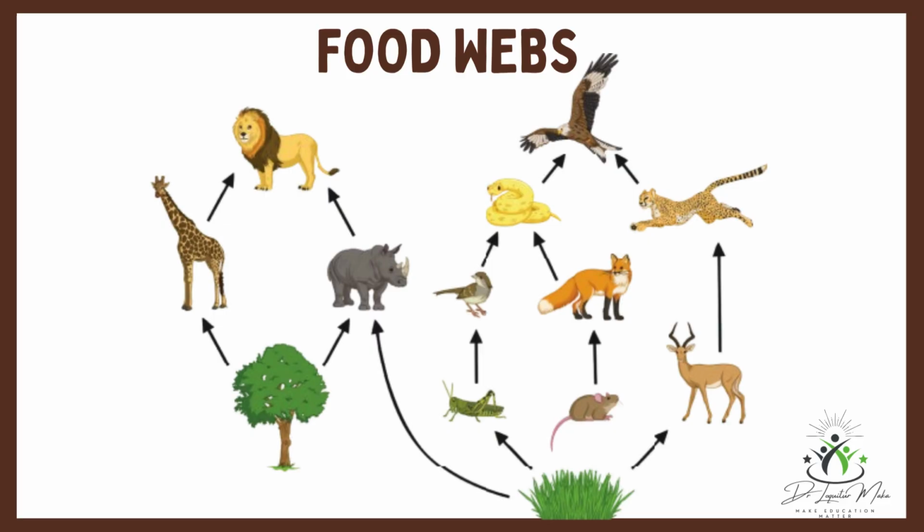And then again, if you look on the right hand side, there is a mouse there, or a rat, that can be consumed by a fox. But this fox again can be bitten by a snake, and the snake can be consumed by a hawk, right? I hope this makes sense. So these are different food chains if you look at them. I think 1, 2, 3, 4, 5, 6.